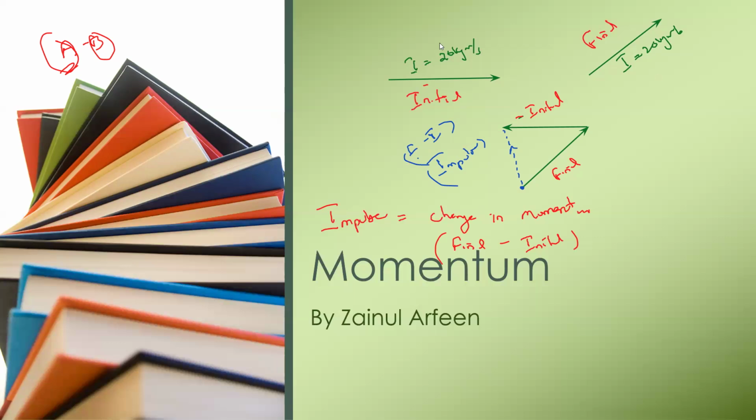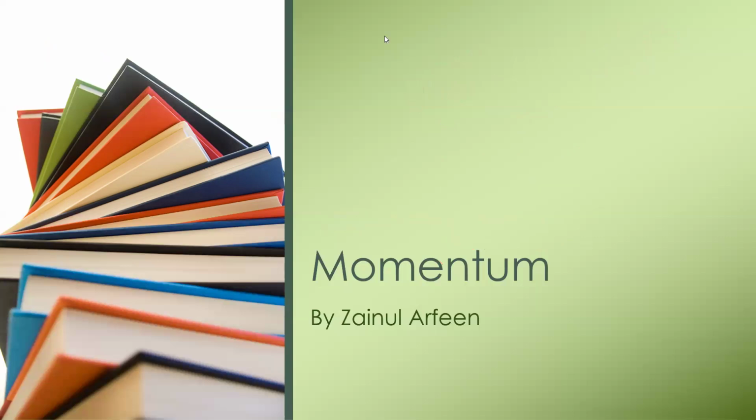Now, how can we relate Newton's second law with impulse? According to Newton's second law, the resultant force should be equal to ma. Whenever the object accelerates or decelerates, the resultant force is always ma. What is acceleration?